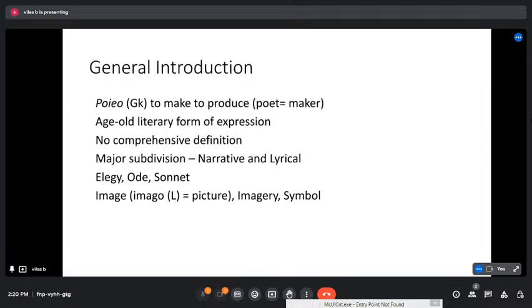So the role of the poet does not remain as a maker, but other approaches, as I already discussed, are also important. The reader is also important because the reader gives life to the poet or writer in general.